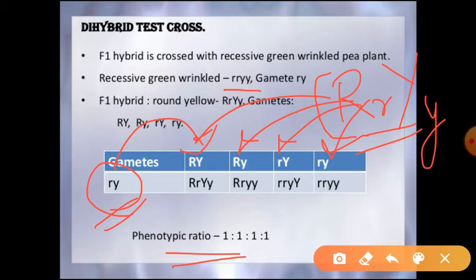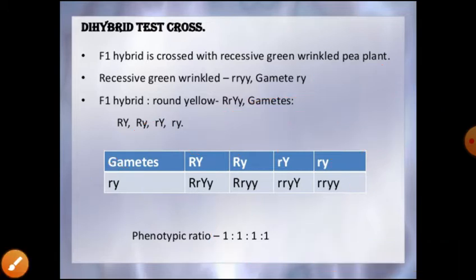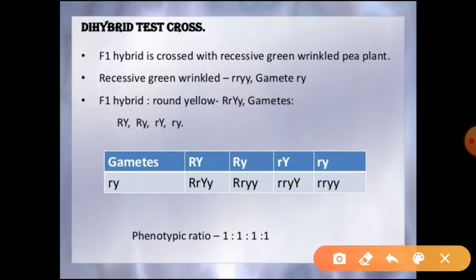So it will produce these four types of progeny, and all these four types of progeny are in 1:1:1:1 ratio. So if this ratio comes, then it will clearly indicate that F1 plant is heterozygous. If the ratio comes to 1:1, then the plant is homozygous.